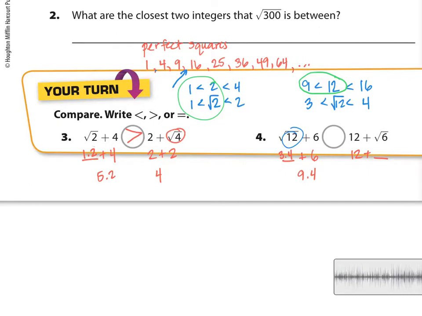And then I still have this 12 plus something, but I don't really need to do that something because 9.4 is way smaller. So I can just stop right there, actually. So use some logic, use some of your thinking, so that you don't have to do all of it if you don't have to, right? So I had enough information to make my conclusion. All right, so let's take a look at a different type of example.